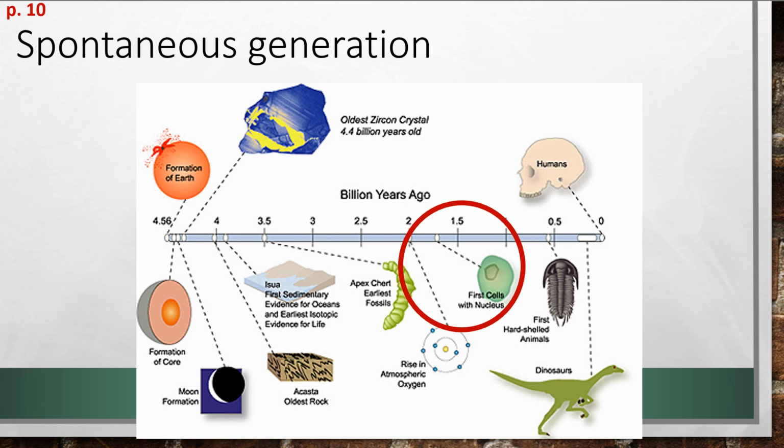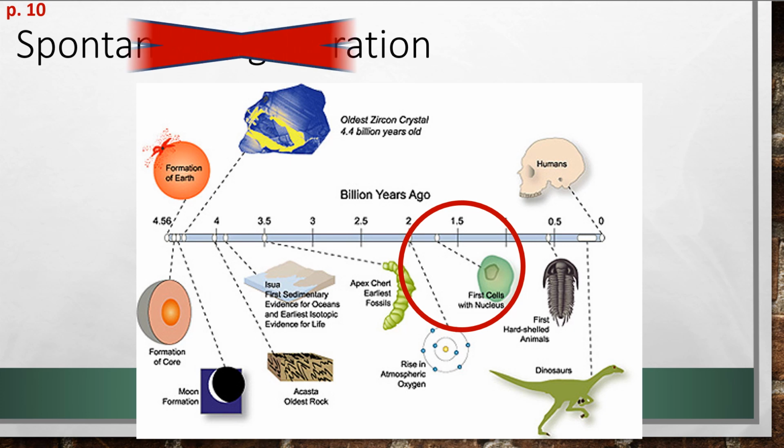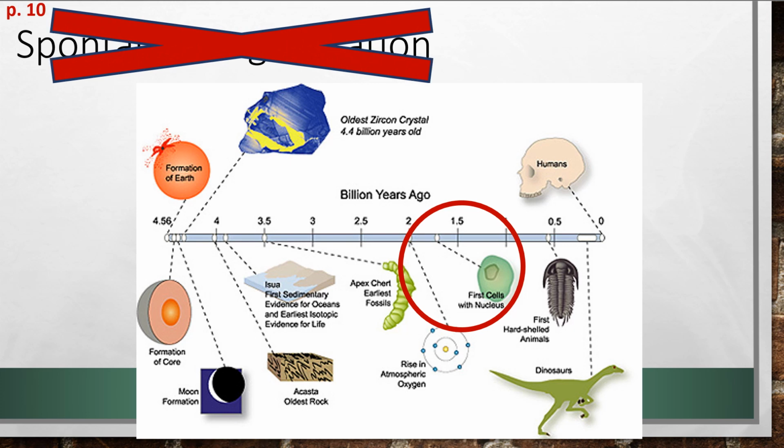And then suddenly a living cell happened. But when you ask them how that can happen, if living things do not come from dead, decaying, non-living things, they don't know. But if you ask them, is spontaneous generation a science? Is it real? No, it's a pseudoscience.